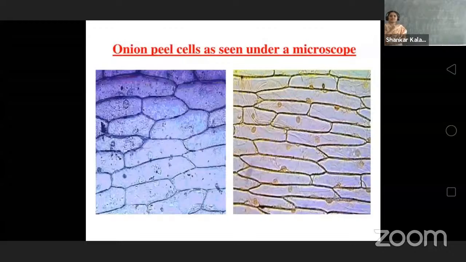So this is the structure of the cell. When you see the cells, we see this structure. It has parts, but we'll discuss the parts of the cell next.